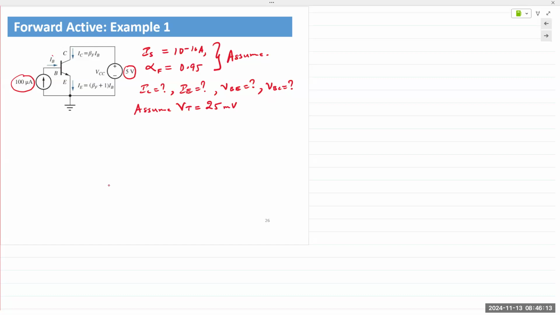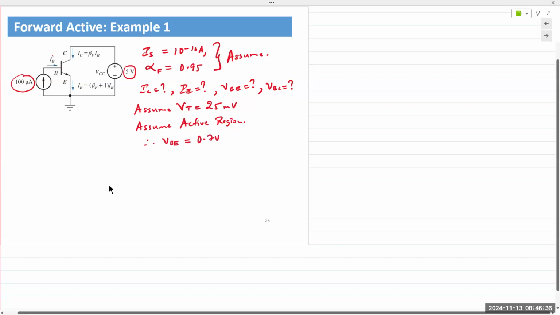And if it is the active region of operation, that means that VBE is a forward bias PN junction. The base emitter junction is forward biased, and so VBE would be approximately equal to 0.7 volts.